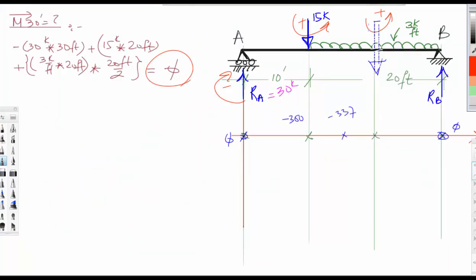Minus 300, minus 187, and this is 0. And again, the uniform part will always be a curve, and this will be a straight line, so it will be something like this.